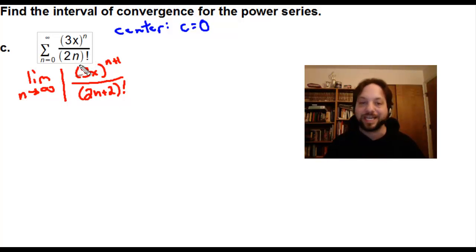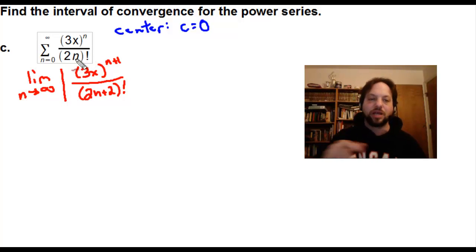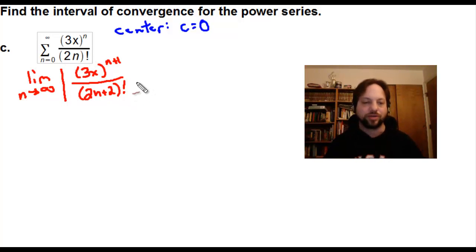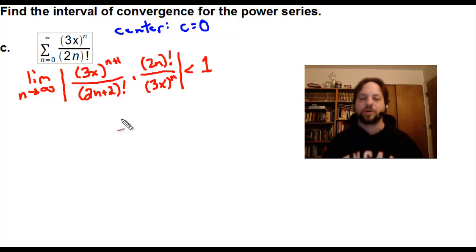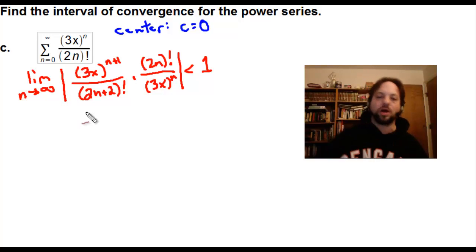Remember, even though I'm sticking in n plus 1 for each n, I need to distribute the 2 out, so I do get the 2n plus 2. When I multiply by the reciprocal of the current term, I'll end up with quantity 2n factorial divided by quantity 3x to the n power. And of course, I'm looking for convergence, so I'll set that less than 1.